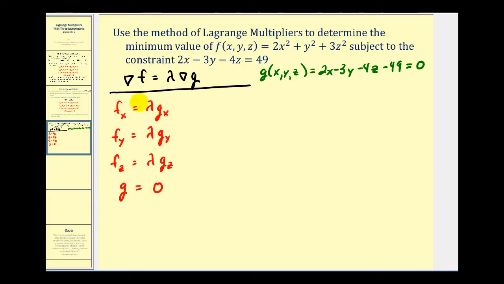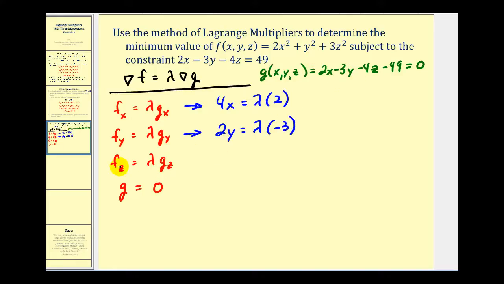So the partial derivative of f with respect to x, that's going to give us 4x equals lambda times the partial of g with respect to x, that would be 2. Second equation will be the partials with respect to y. So the partial of f with respect to y would be 2y equals lambda times the partial of g with respect to y, that's going to be negative 3.